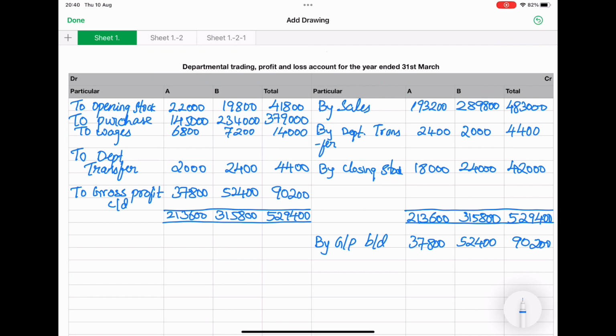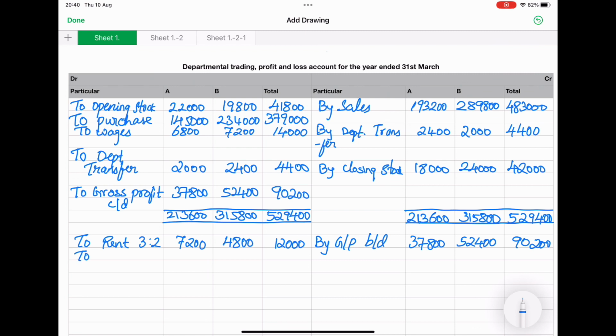To rent, they have mentioned we are going to apportion on the basis of 3:2. Total rent they have given is 12,000. 12,000 into 3 by 5, we get 7,200, and 12,000 into 2 by 5, 4,800.